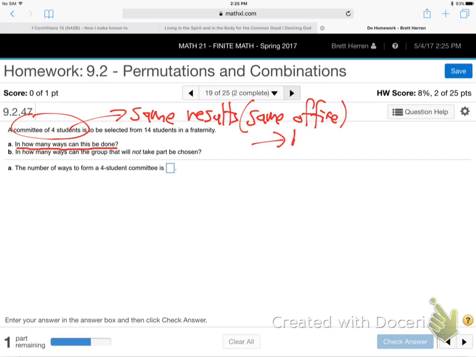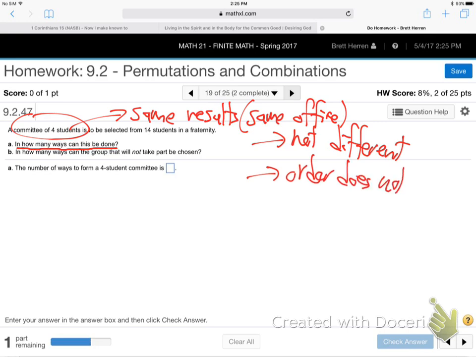So not different. What does that mean when they're not different? Order does not matter. So is it C or P? It's C, right? Order does not matter, like a combination pizza. You don't tell them what order to put the toppings in. It's C, not P, because it's just 4 committee members.